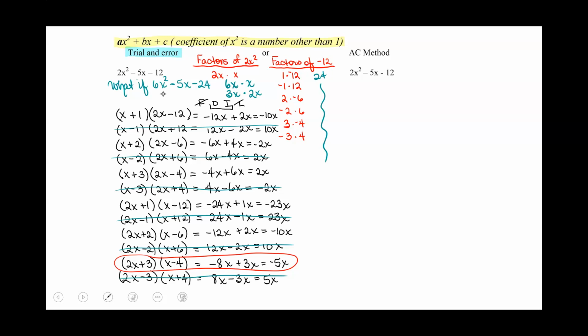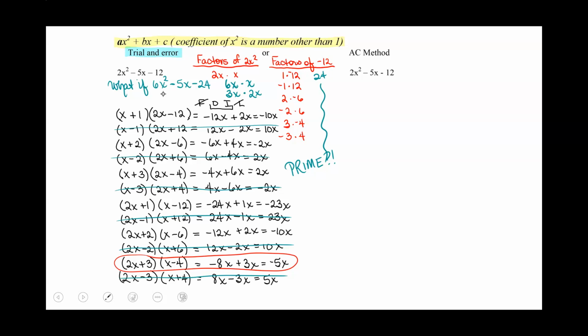You're talking 1 and 24, 2 and 12, 3 and 8, 4 and 6 in all orders. I mean, you're going to be here all day long. It's going to take a full sheet of notebook paper to try all of those. And you try every stinking one of those and find out the thing is prime, that none of them work. At that point, I want to just like throw my computer out the window, right?